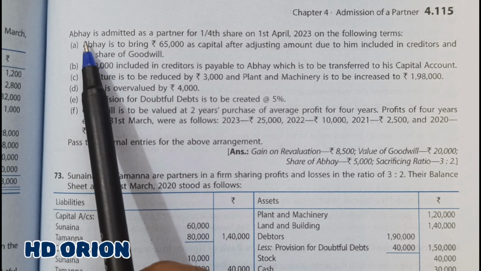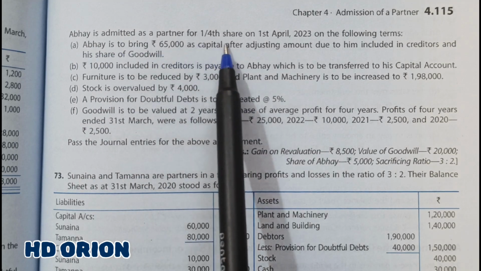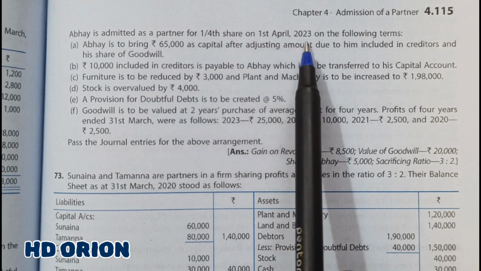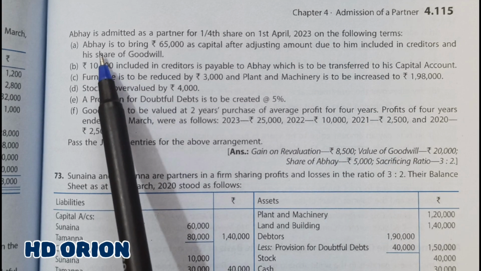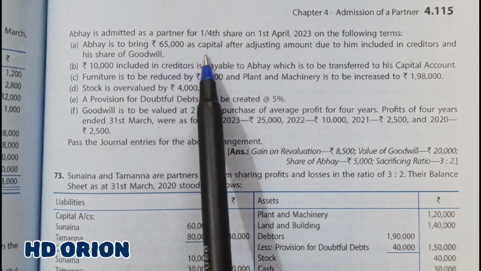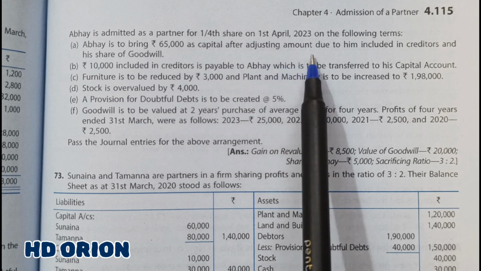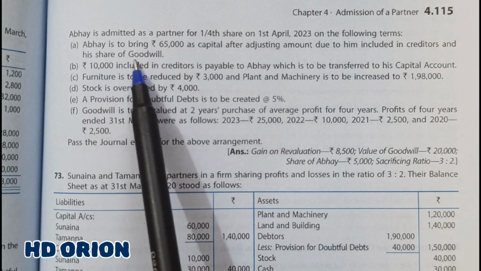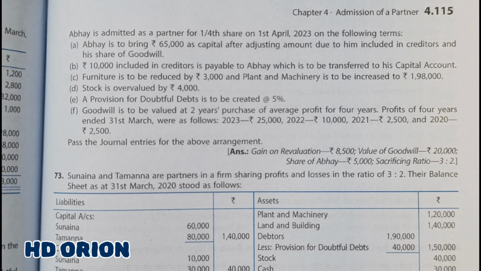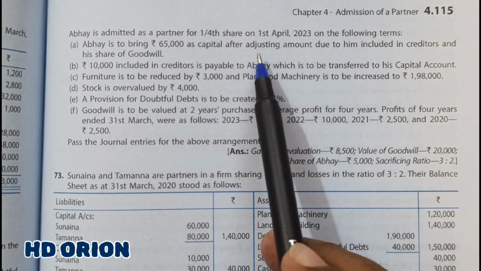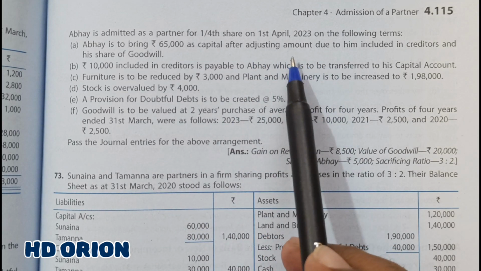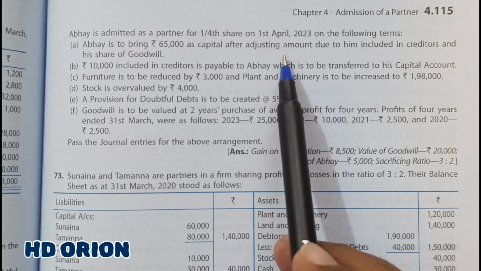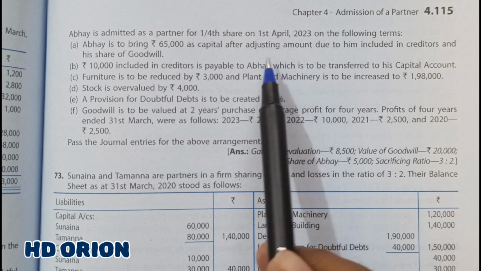Further, Abhay is admitted as a partner for 1/4 share on 1st April 2023 on the following terms. Abhay is to bring rupees 65,000 as capital after adjusting amount due to him included in creditors and his share of goodwill. So, new partner Abhay is our creditor also, and we have to clear his status as a creditor and convert him into a partner with capital.